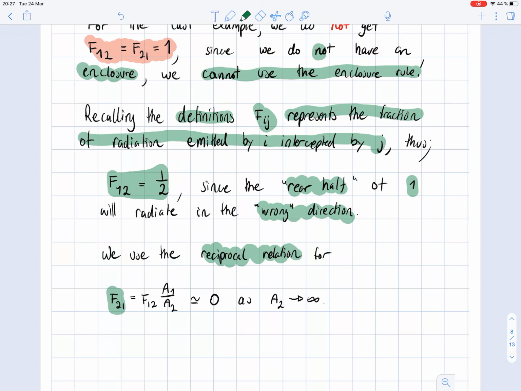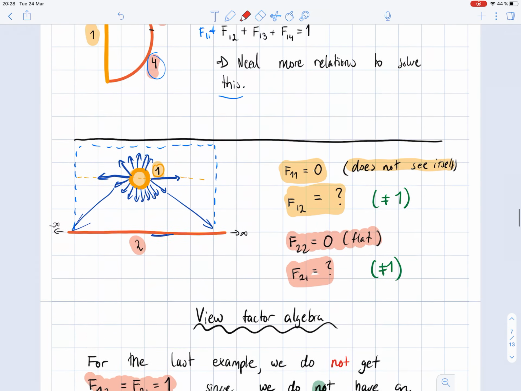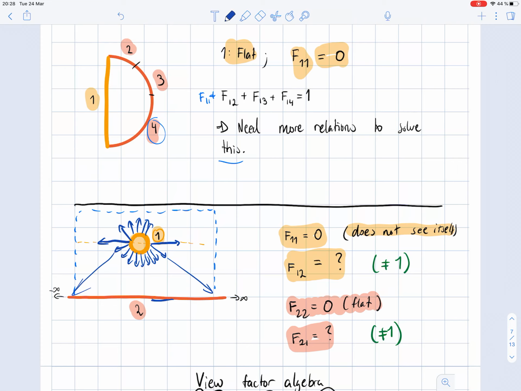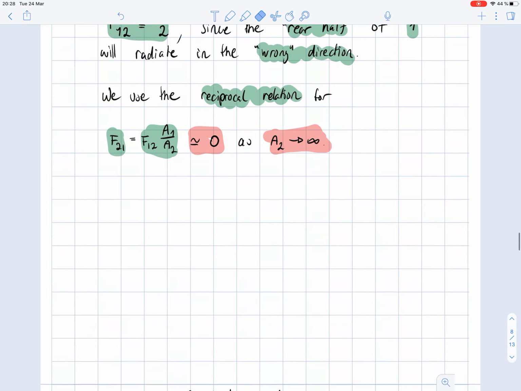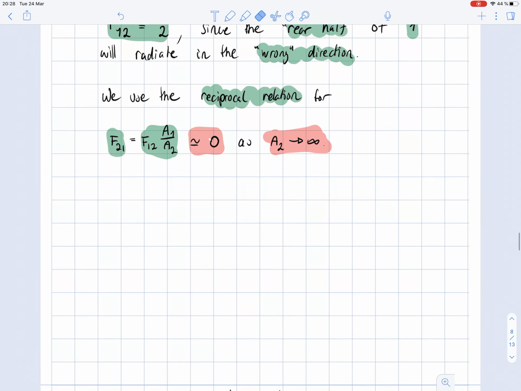And F21 is then equal to F12 times A1 over A2. And this one is approximately equal to 0, since area 2 tends towards infinity. An infinitely large plate will not be bothered by a small circular thing present above it. So hopefully this helps your intuition.